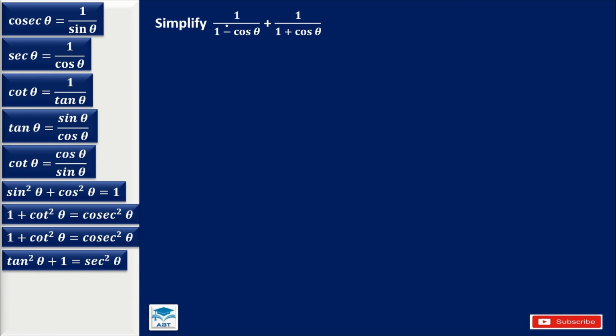Simplify 1 divided by 1 minus cos theta plus 1 over 1 plus cos theta. So first of all, let's take LCM.